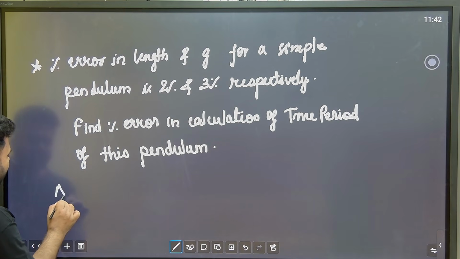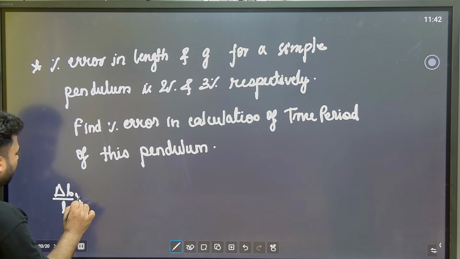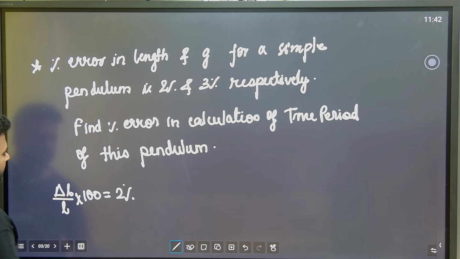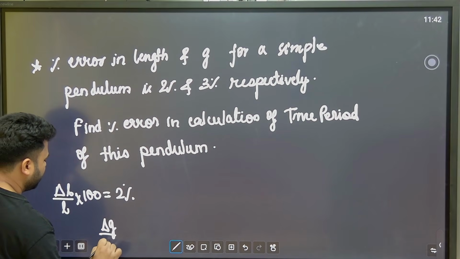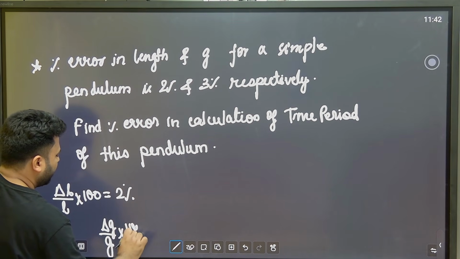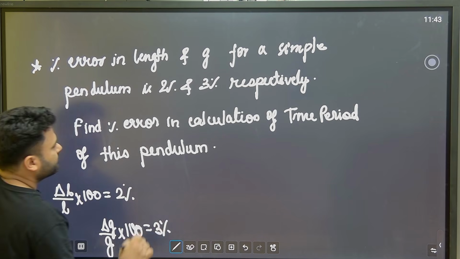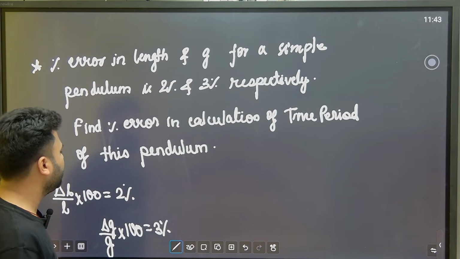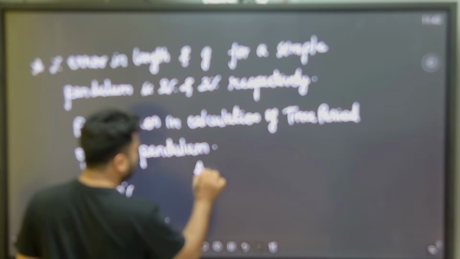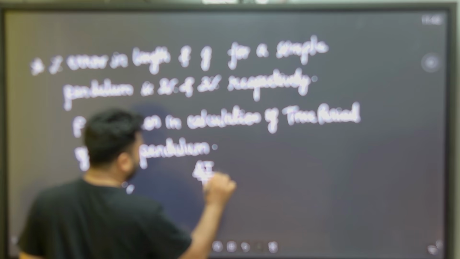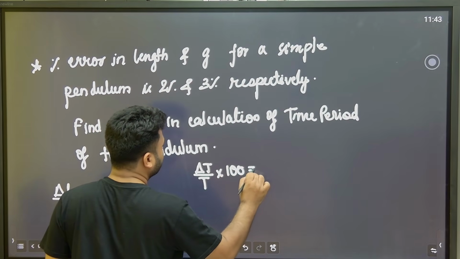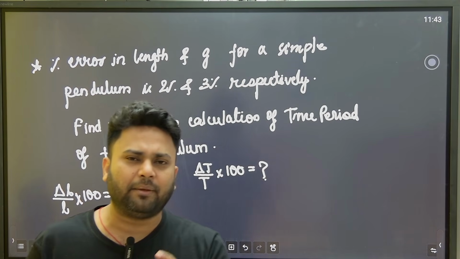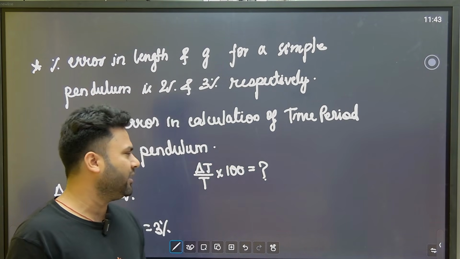Percentage error in length means delta L by L into 100 is 2%, and percentage error in gravity, delta G by G, is 3%. Find percentage error in the calculation of time period. Means they are asking what will be percentage error in time period, delta T by T into 100. First the question should be clear. If they ask what is the relative error in time period, it is delta T by T. Percentage error in time period is delta T by T into 100.